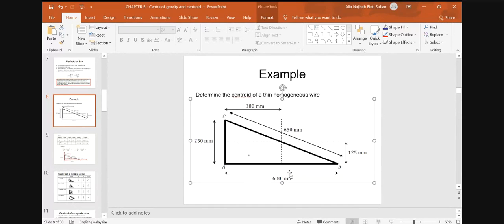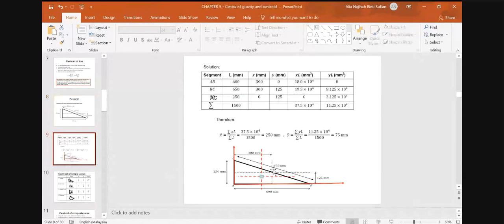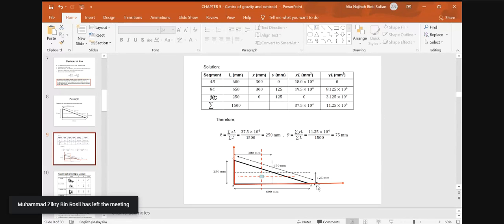Okay, I know the center of AB is 300, but the next slide is CB also noted as 300. BC is also 300. Oh, okay. BC, yeah. BC is diagonal. So we need to find the X bar and Y bar, not the middle length. The half of its length is 650 divided by 2. Should be 325, right?